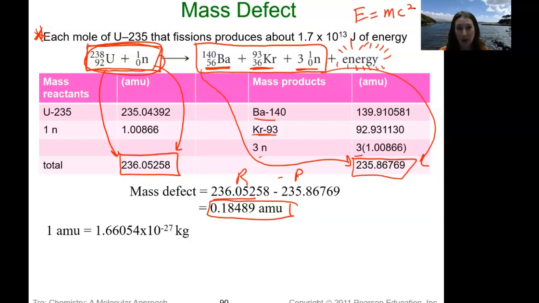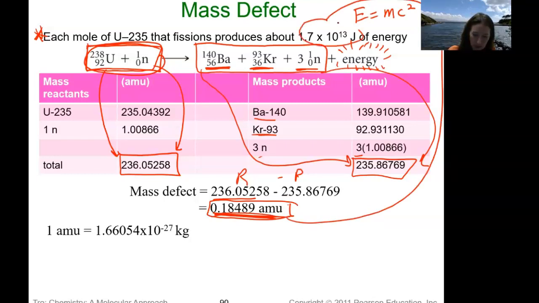So that's what's happening to our missing mass. So let's use this missing mass, and I'm going to show you how this missing mass, I'm going to prove that that's the amount of energy you get per mole.